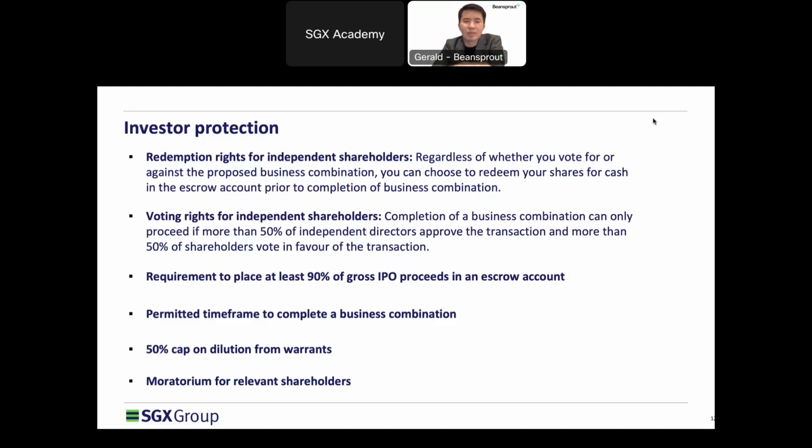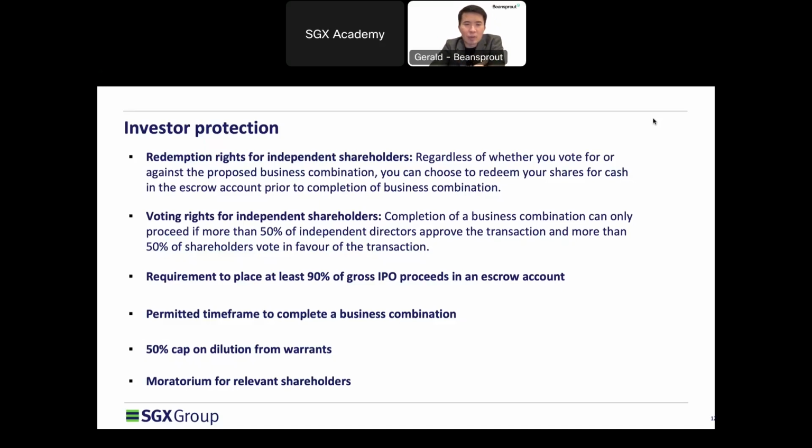Number one, redemption rights: you can choose to redeem your shares for cash before the business combination is completed. Number two, you can vote for or against the business combination, and it can only take place if more than 50% of shareholders vote in favor of the transaction.